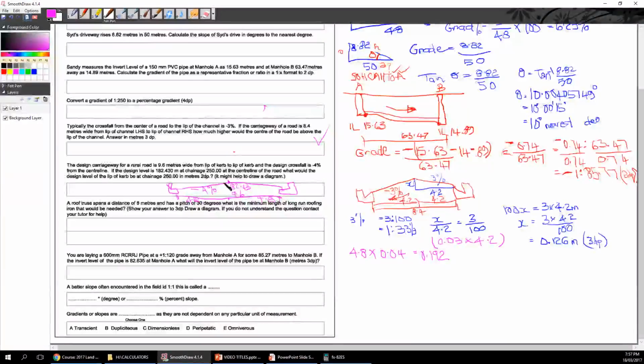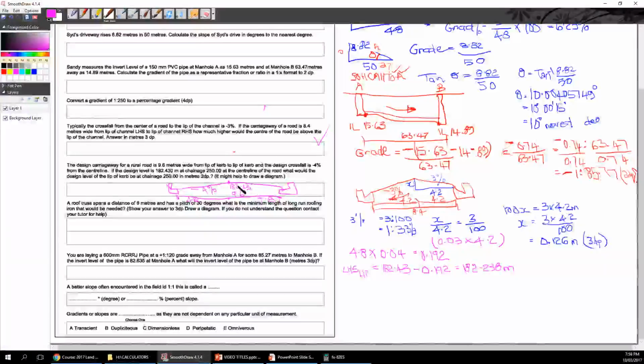And so the level of the lip of the curb is going to be, I'll just put left hand side lip will equal 182.43 minus 0.192, and that will equal 182.238 meters.